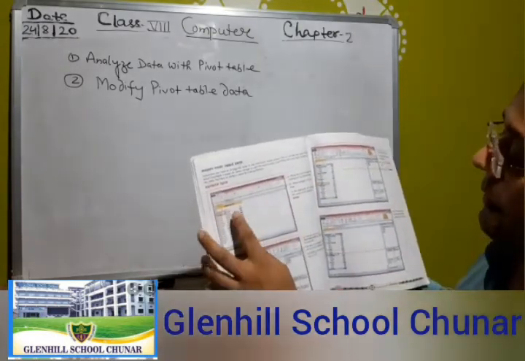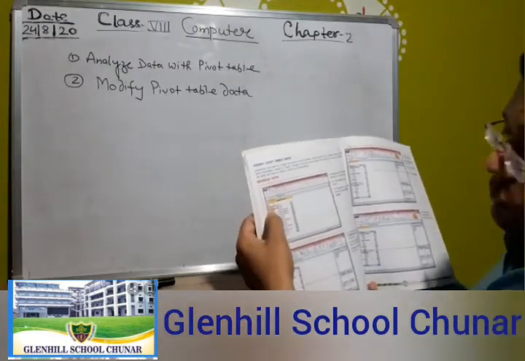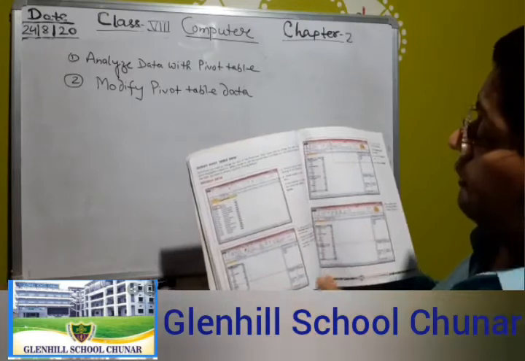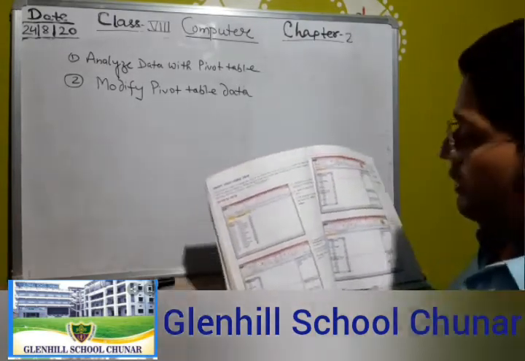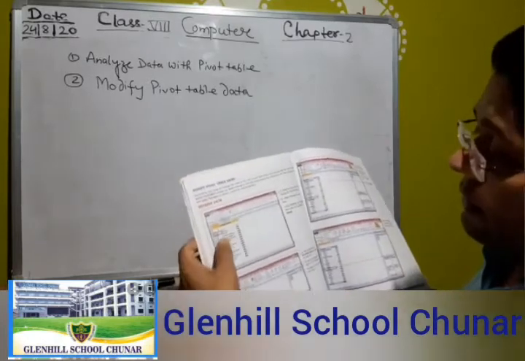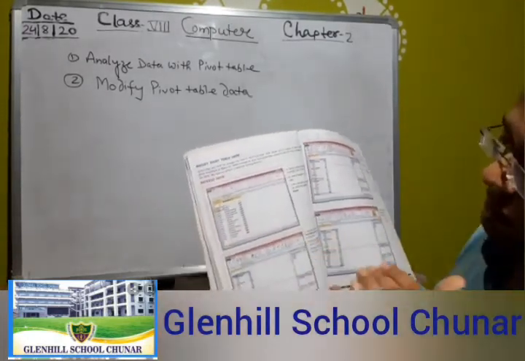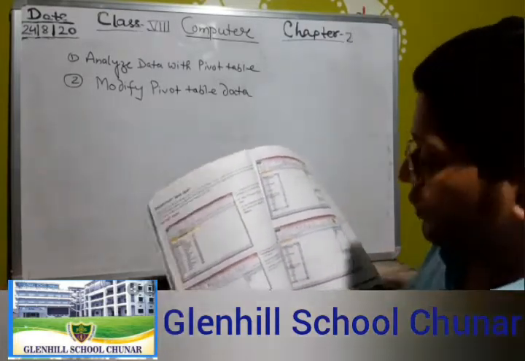Second step, make changes to your data. In this example we change the name from Sunil to Sanjay. So click on the name, erase and delete it, and fill in the new name.